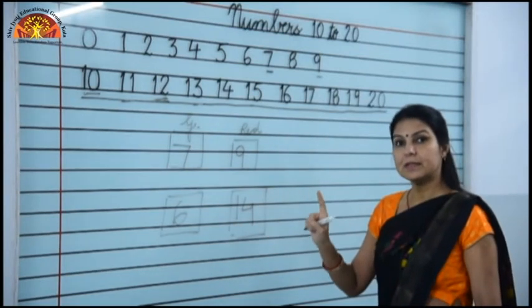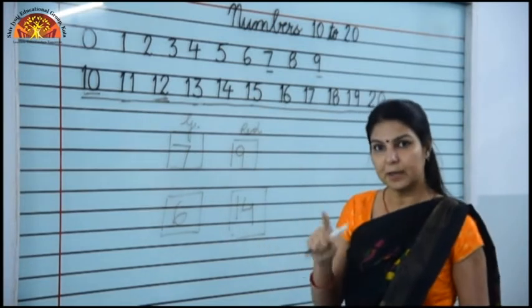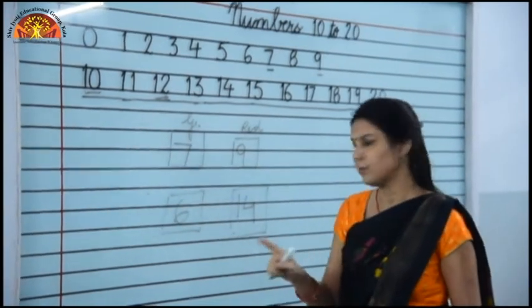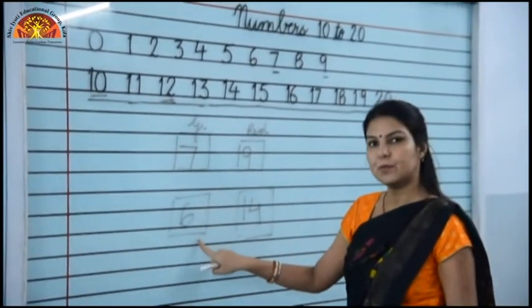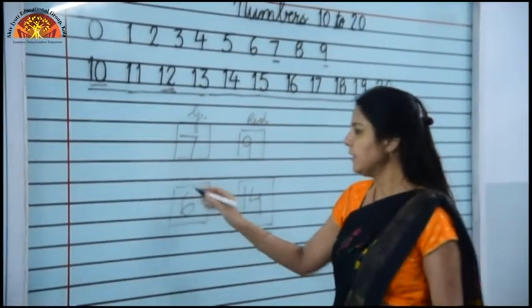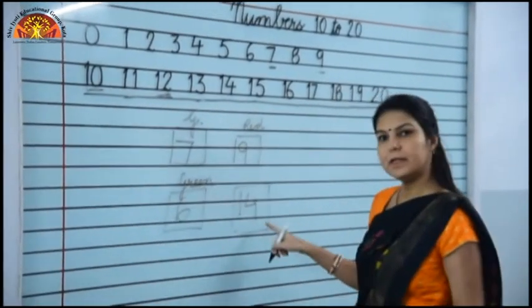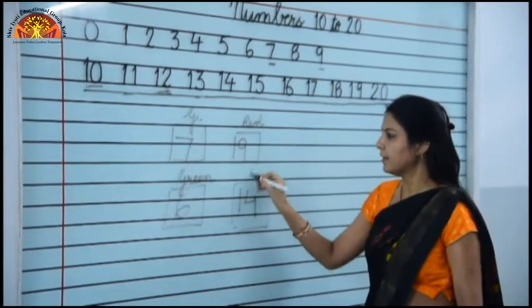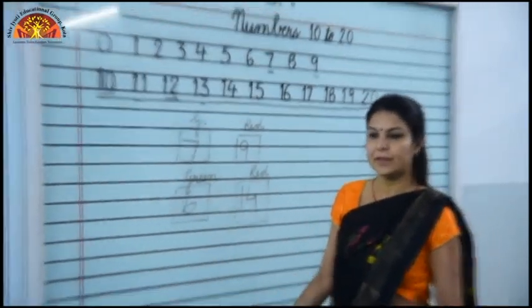The number which is having fewer digits, that will be smaller. The number which has fewer digits is smaller. This number has only one digit so it will be smaller. So, you will fill green color in this, and 14 is bigger, so you will fill red color inside this box. I hope you have understood.